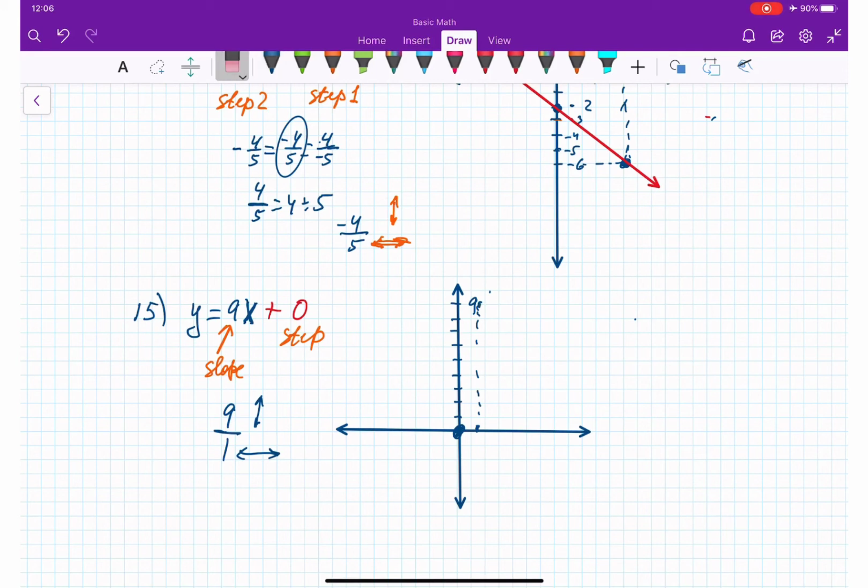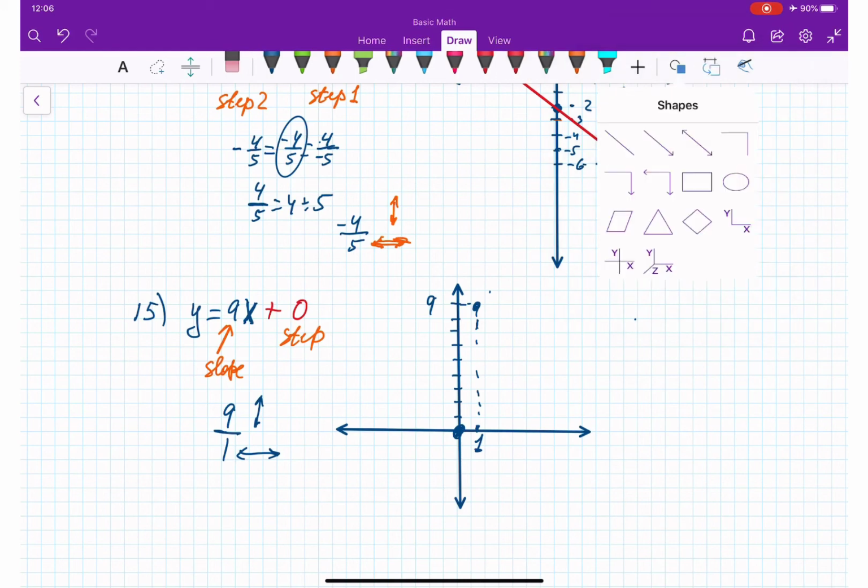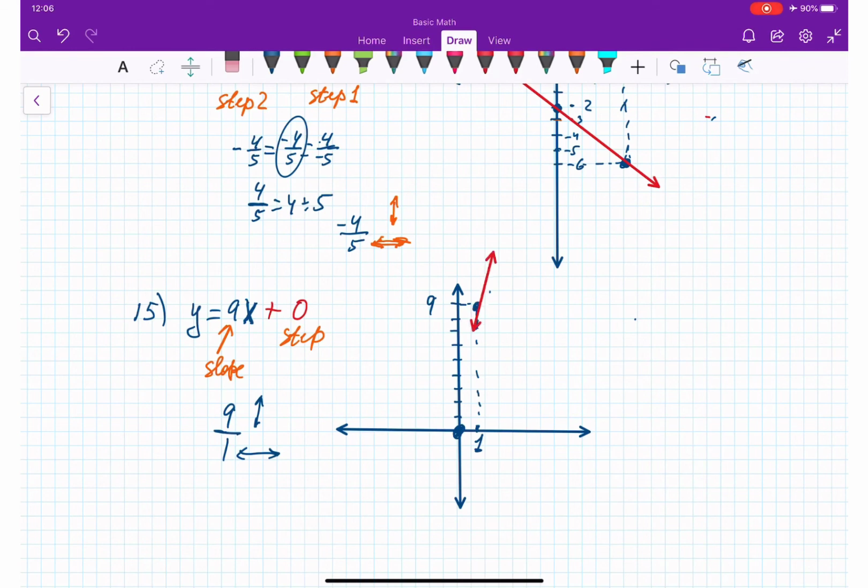Let me clean this 9. I write 9 on this side, and this is my 1. Okay, there we go. This is our graph, and the graph is going to look like this. We got it.